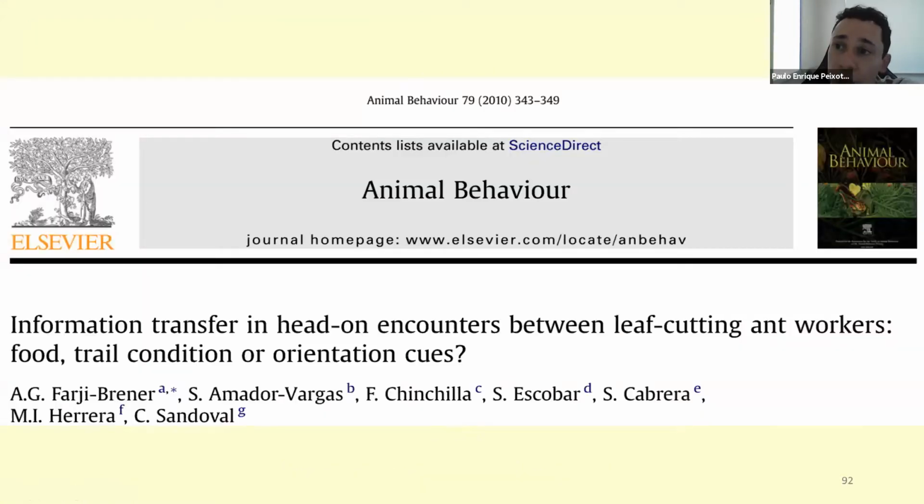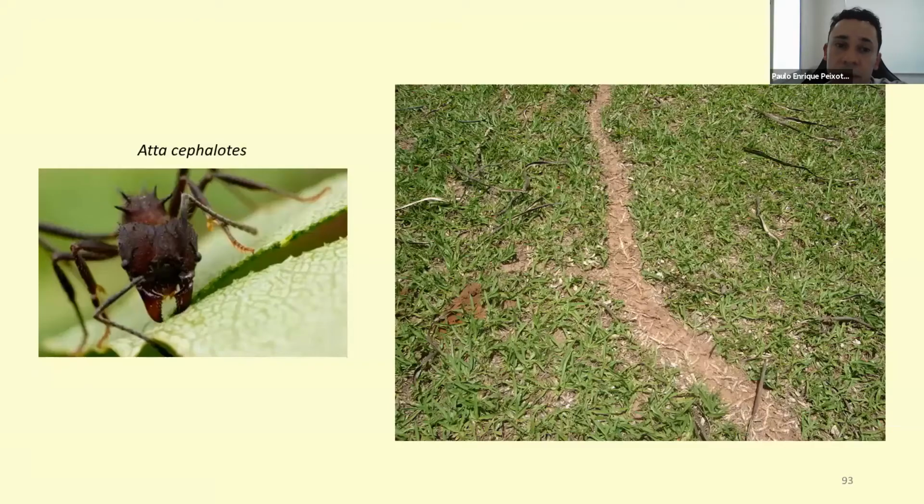To make this more concrete, I again took an article from Animal Behavior, this one from 2010, and I really like the way that these authors structured their introduction, okay? In this article, they were interested in evaluating leaf-cutting ants' behavior, specifically the species Atta cephalotes, which is very common in the tropics, okay?